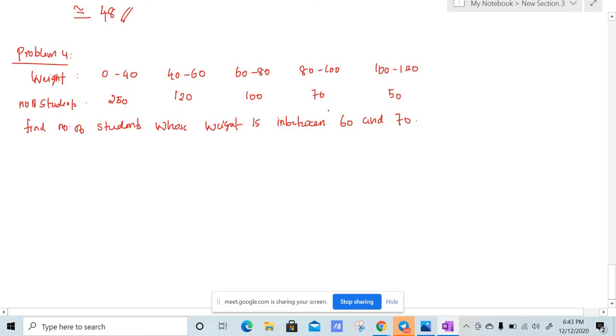But here they asked us to find the number of students whose weight is between 60 to 70, right?